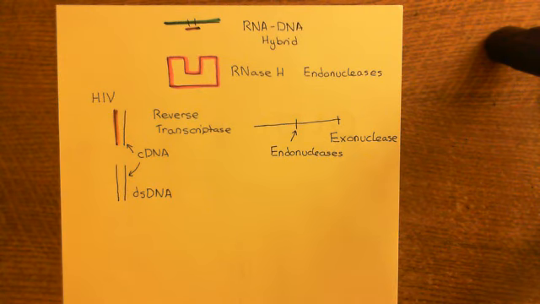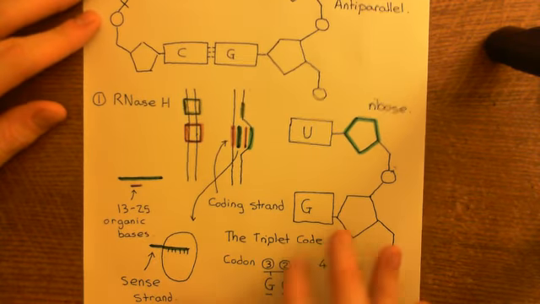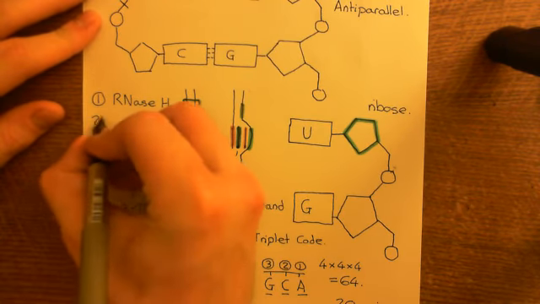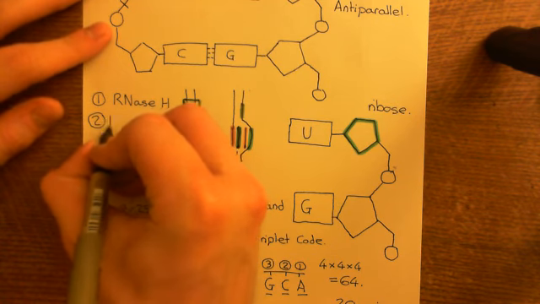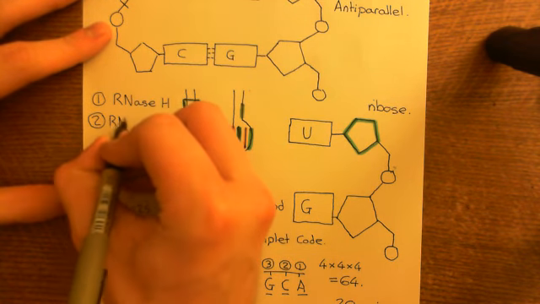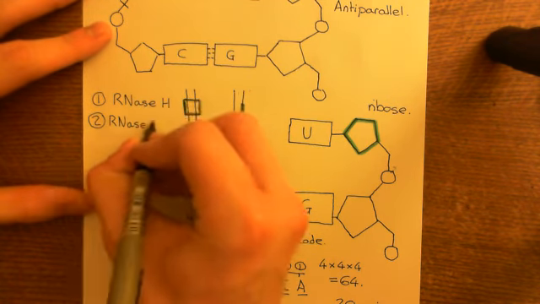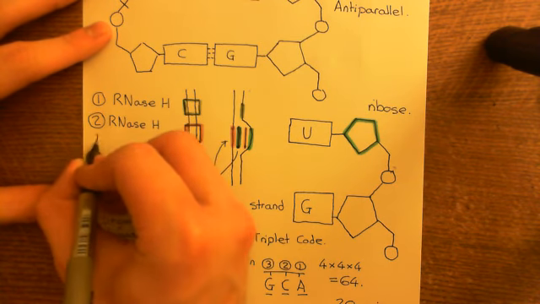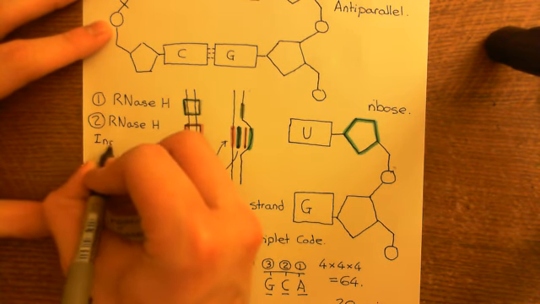However, there are also other mechanisms which are collectively known as RNase H independent mechanisms, and these are far less well understood.